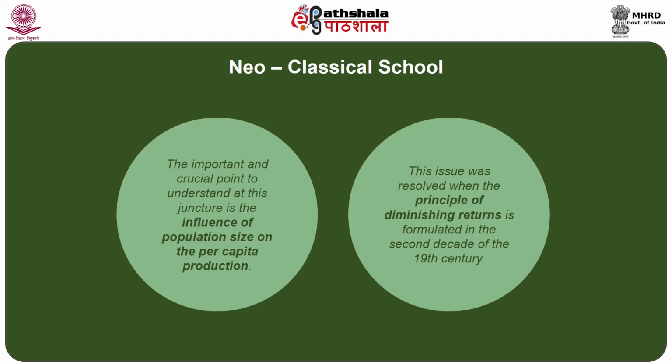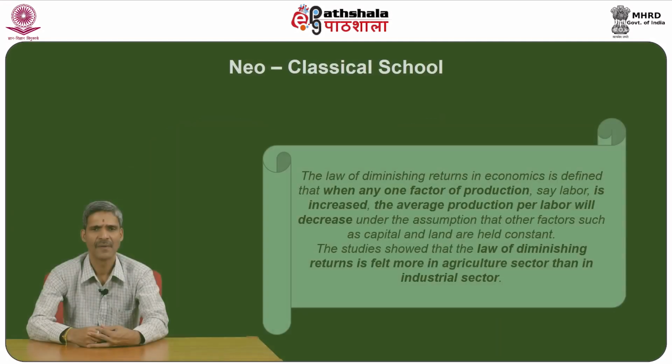However, this issue about the influence of population size on the per capita production was resolved when the principle of diminishing returns was formulated in the second decade of the 19th century. The law of diminishing returns, we discussed about it in some of the other modules, but let us spend some time to have a relook at the law of diminishing returns.